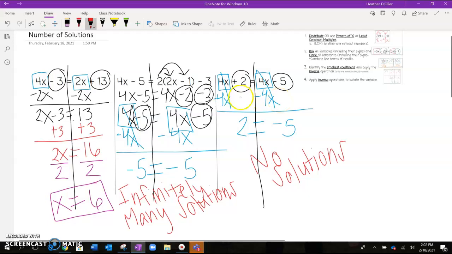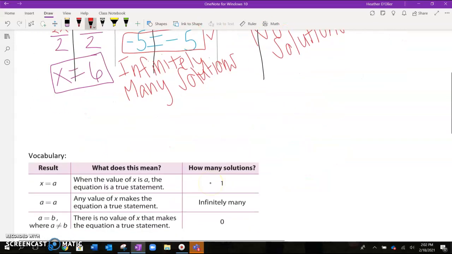It doesn't matter, because if I put in a positive 1 here and a positive 1 here, my variable, I'll get the same answer there, but I'm going to add 2 to that number, and on this side I'm going to subtract 5. There are no solutions. So when you get this ending answer, if it's true, it's infinitely many. If it's not true, there are no solutions. And that sounds a little vague, so I'm going to give you some examples.